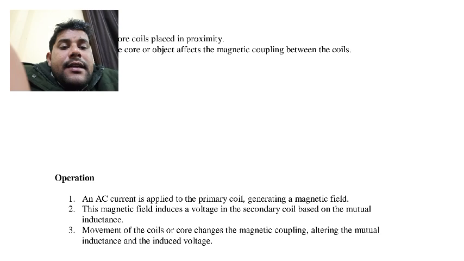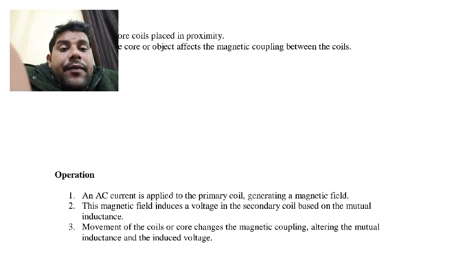Operation: an AC current is applied to the primary coil, generating a magnetic field. This magnetic field induces a voltage in the secondary coil through the mutual inductance.